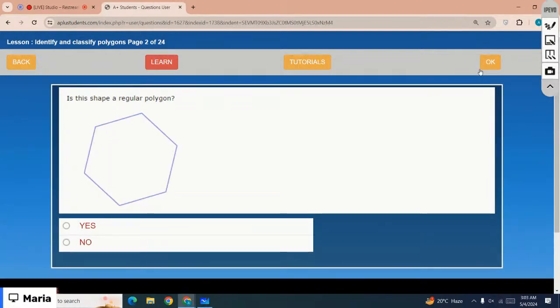Is this shape a regular polygon? Which is the correct option? The correct option is yes. It is a regular polygon.